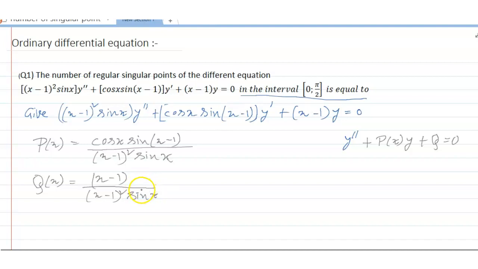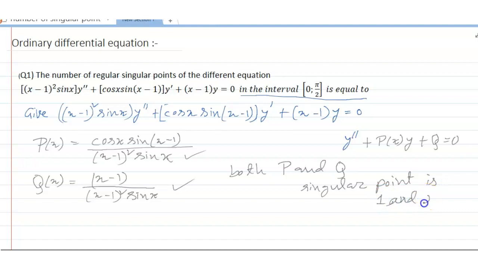So friends, in both p and q, the singular points are 1 and 0.